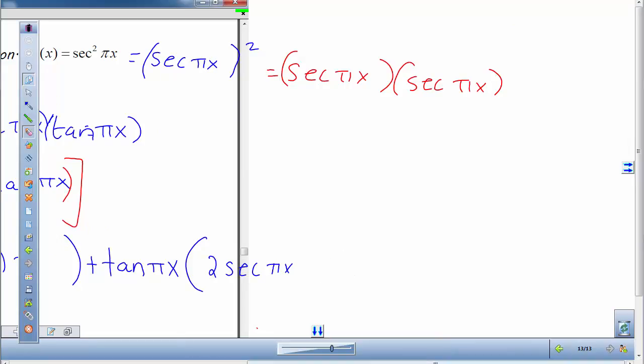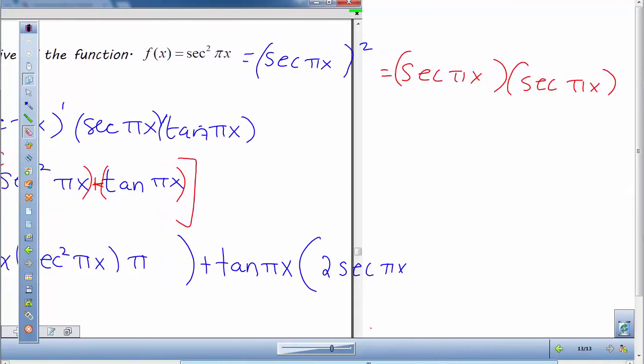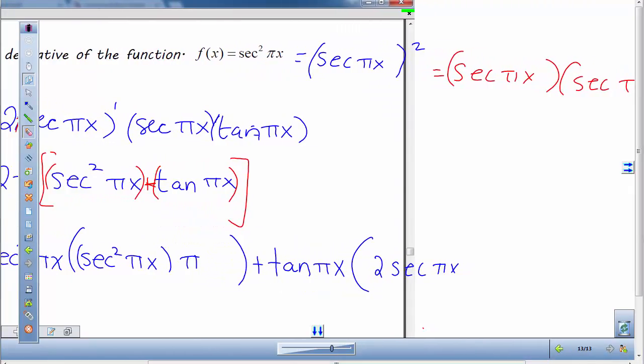Why is the 2 in front of this right here? Because I'm having to use a power rule. It was secant squared, so I brought my 2 down front. Pi. Would that be what we had before, 2 pi secant squared pi x?